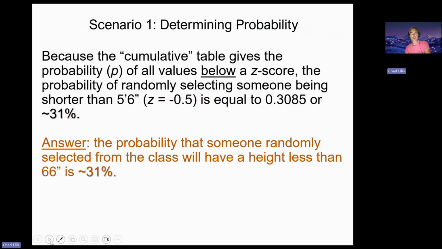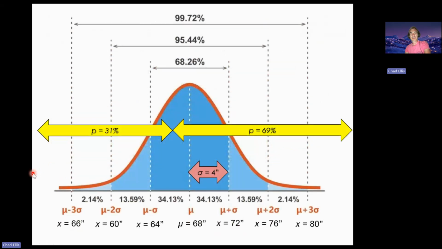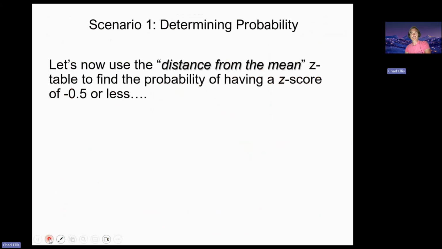So that's one way that the cumulative table can be handy to use, if you're looking for the probability of picking a value less than a certain level. So the way to visualize it: for a height of 66 inches, the probability of randomly selecting somebody shorter than 66 inches is 31%, while the probability of randomly selecting somebody taller than 66 inches is 69%. Both of those add up to a total of 100%.